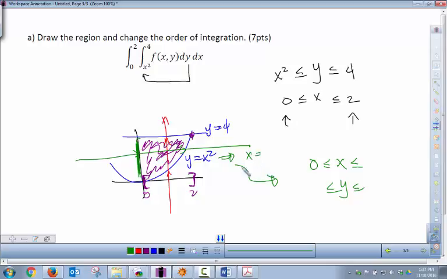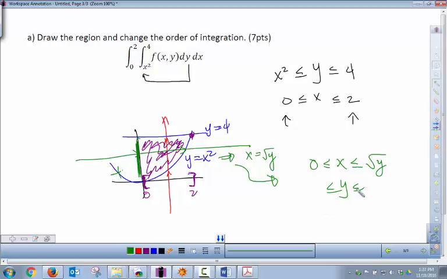This will give me the square root of y. And when you take the square root, remember there's a positive and negative part, and you can convince yourself that this is the positive part. The negative part's over here, which you don't need to worry about. So this would just be the square root of y. That would be my upper limit, and this would complete my inside limits.